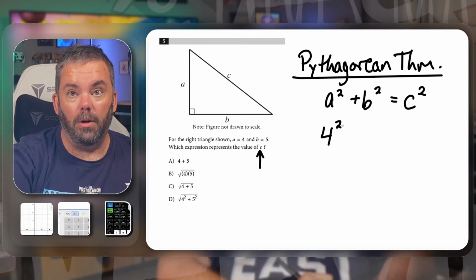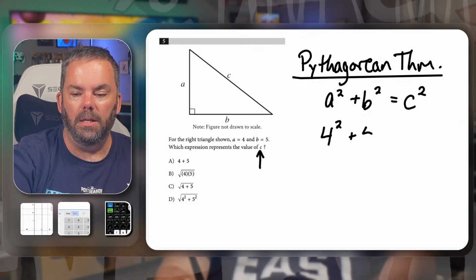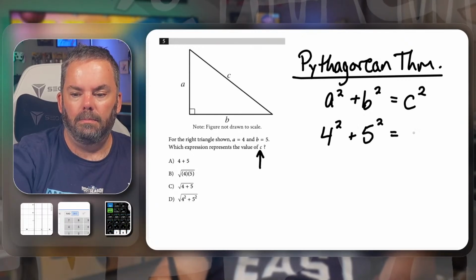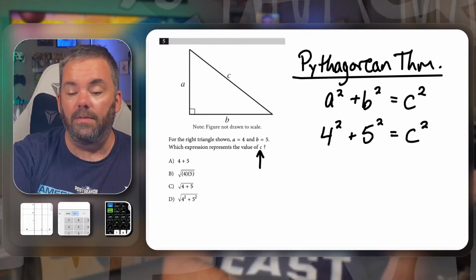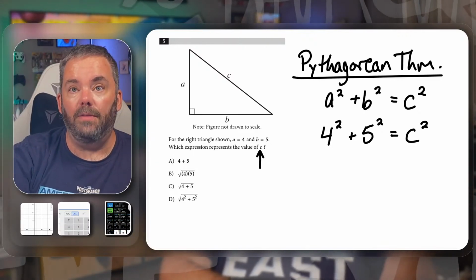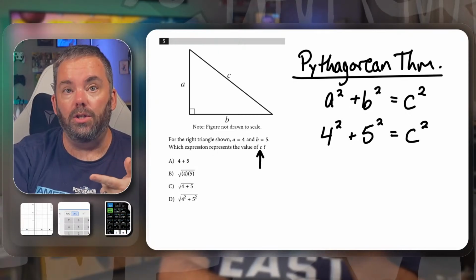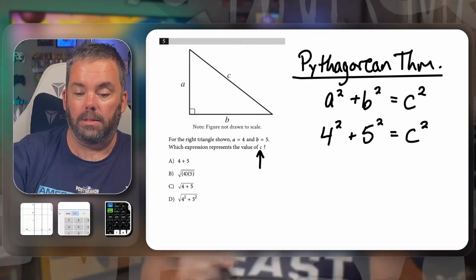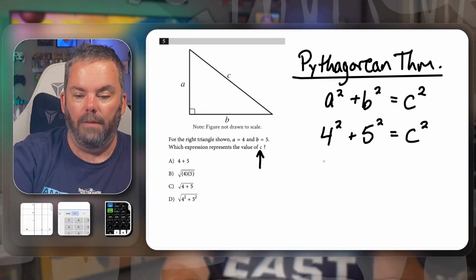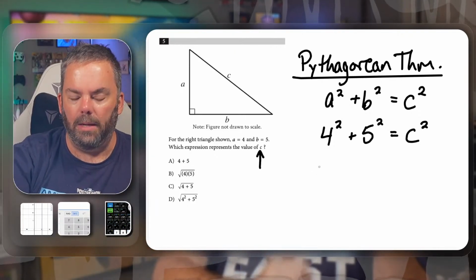So instead of a squared, I'm going to write 4 squared. And b is 5. So by putting 4 in for a and 5 in for b, we now have an equation. And this equation has one variable. We can solve this. Let's go. 4 squared.